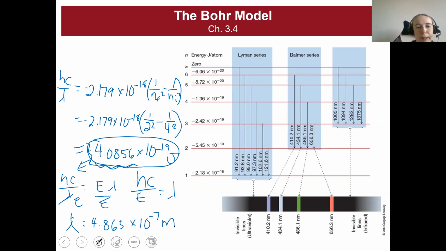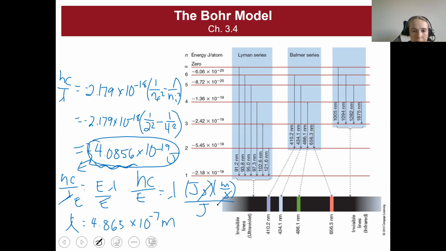And that's going to be in meters because c was in meters per second. So we had joule seconds times meters per second, divided by joules. I'm just going to use the units, not the numbers. I already told you the numbers.